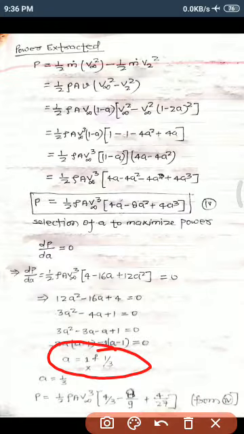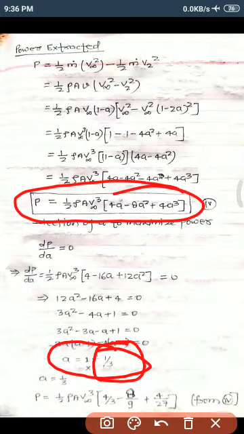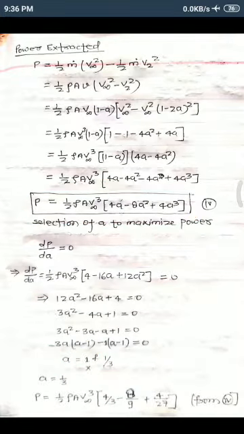We will neglect 1 because 1 means the complete blockage of the wind. Complete blockage means no power is generated. So I will avoid this value and take 1 by 3, which will give maximum power generation. Then I will put the value of A in this equation and calculate the total power.